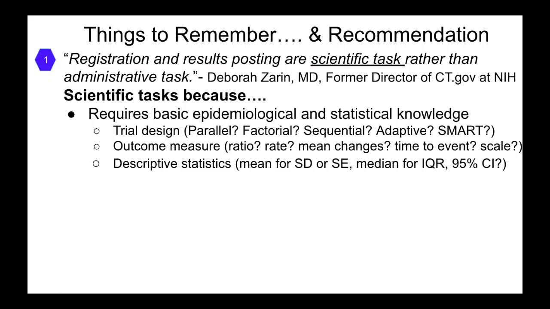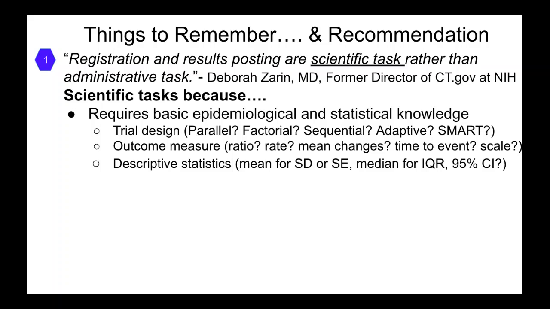Or is it time-to-event data, such as cumulative incidence of an outcome like death over time? Then you need to provide a clear metric, contextual scale information, and the time frame for the specific measurement for your primary and secondary outcomes at the time of registration.